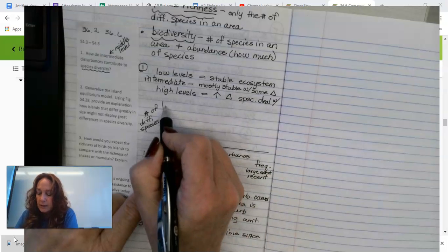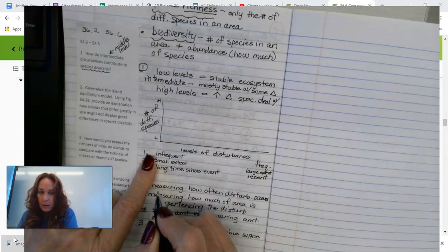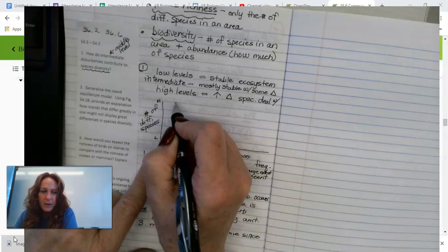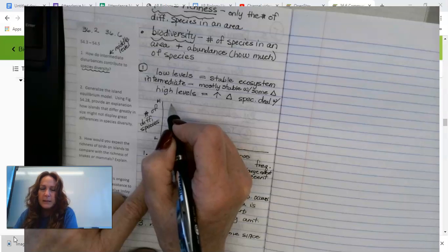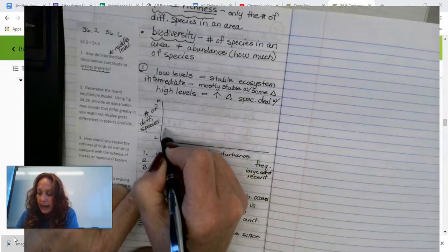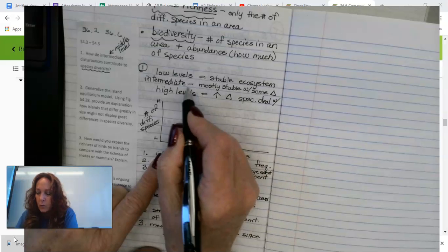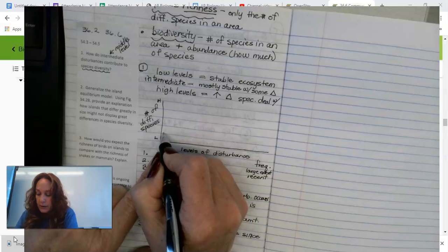So if this is number, so this would be low and this would be high, you would think that you'd have just tons, like everybody's happy. And that's not the way it is at all. It seems backwards, but you tend to have low richness when you have very few disturbances. And I'll tell you why here in just a second.